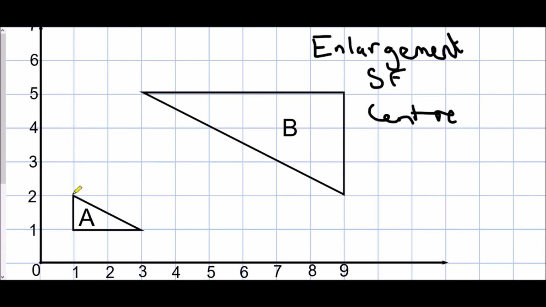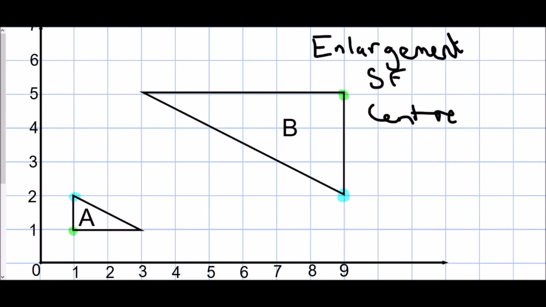And therefore, this corner here is the short side of a right-angled triangle. And so it's the top of the short side, I should say. And so that must correspond to this point here. The right angle must correspond to the right angle.